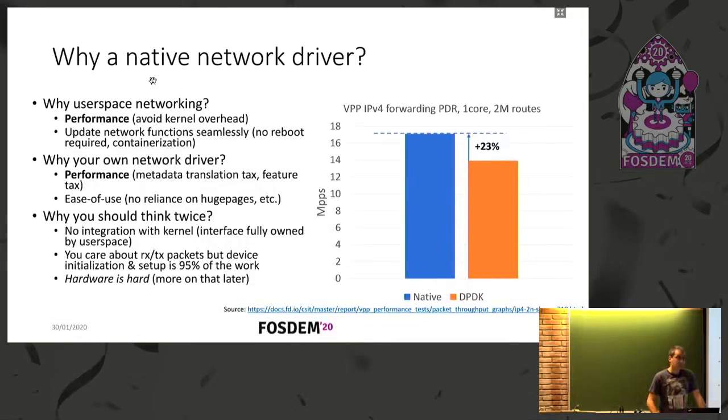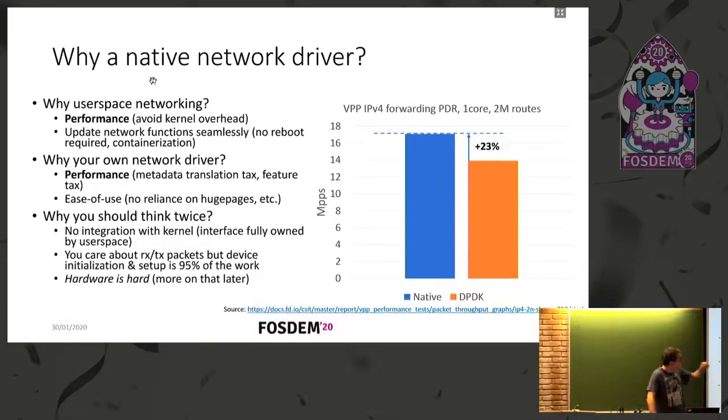Sure, if you can fit in the DPDK metadata format, etc. The issue we have with VPP is it predates DPDK by like 10 years. And so we have our own buffer metadata format, and we cannot change that easily. It would basically be a complete rewrite of the whole code base, which is not doable. And so it means that no matter what we do, we need to pay the tax of converting the rte_mbuf format to our own metadata format.